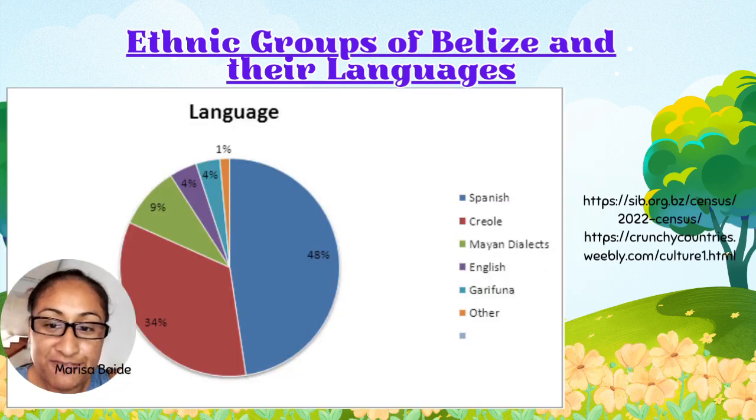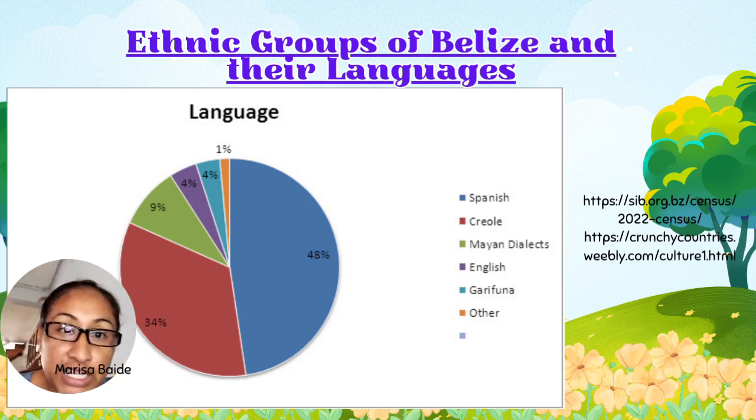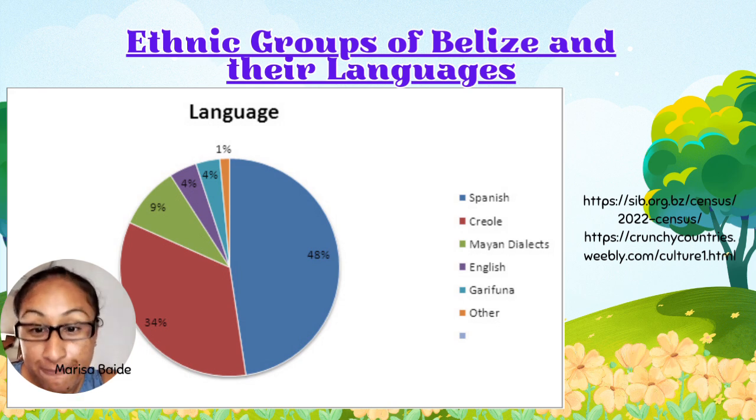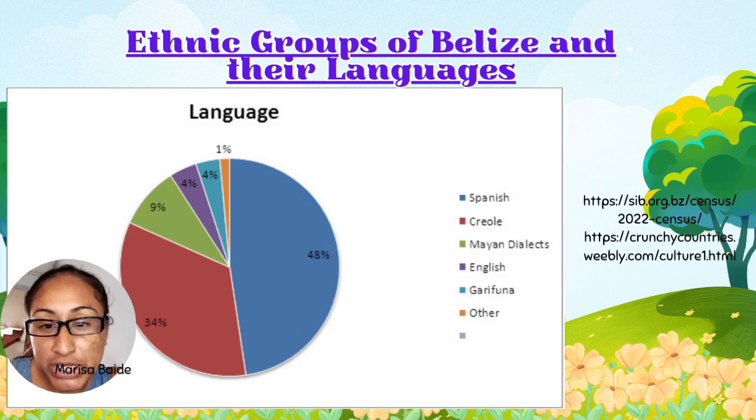This slide shows a visual representation of the languages spoken in Belize, with the Spanish language being the majority at 48%, followed by Creole, which is 34%, Mayan dialects, which are 9%, English at 4%, Garifuna at 4%, and then the 1% goes to the other languages spoken by other ethnic groups in our country.